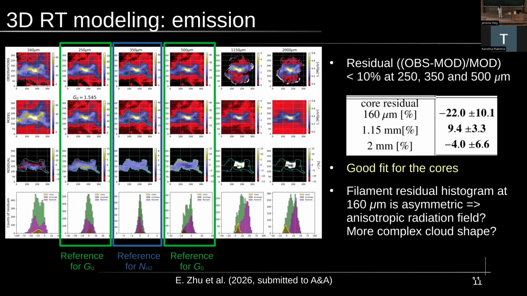But the situation with the filaments and envelope is more complex, partly because they have lower signal-to-noise ratio. For example, the filament residual here at 160 is asymmetric, and maybe it's because of anisotropic radiation field, or because we have a more complex cloud shape, but it's hard to test these hypotheses with our current model.